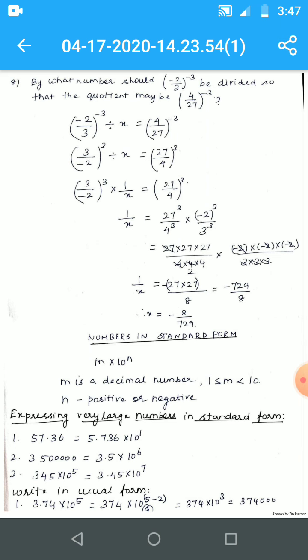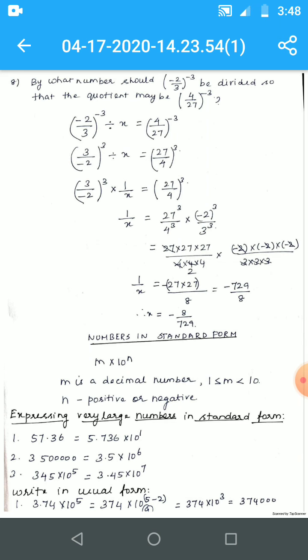How many steps? 6 steps, from one's place, 10's place, 100's place, likewise it moves, 3.5. So 6 times it is moving, so 3.5 into 10 to the power 6.